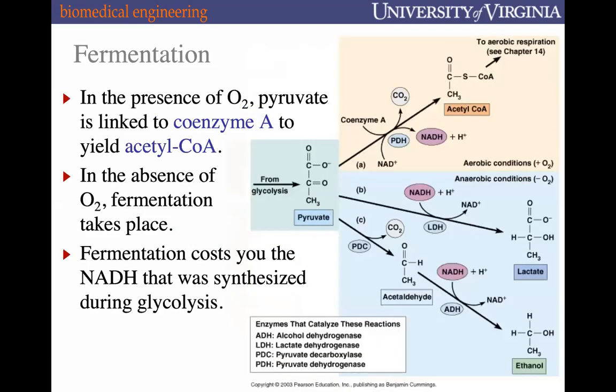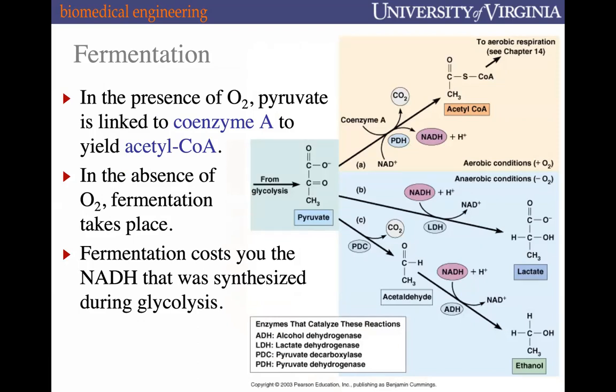So from here, in the presence of oxygen, that's going to be the top right here, for each pyruvate that has been produced from glucose, there's going to be an enzyme linked to pyruvate. It's called coenzyme A, and that's going to produce a carbon dioxide, forgive me, not an oxygen.